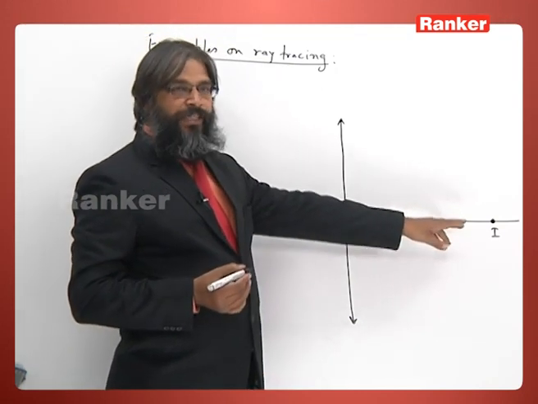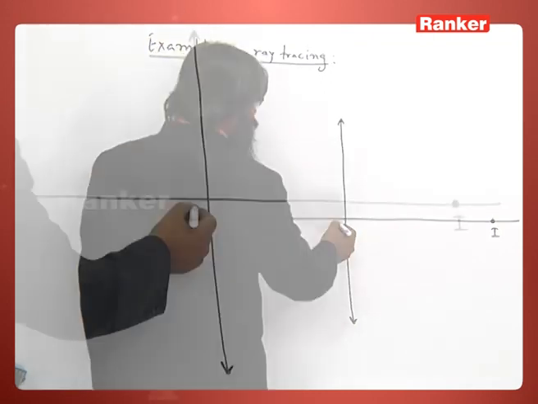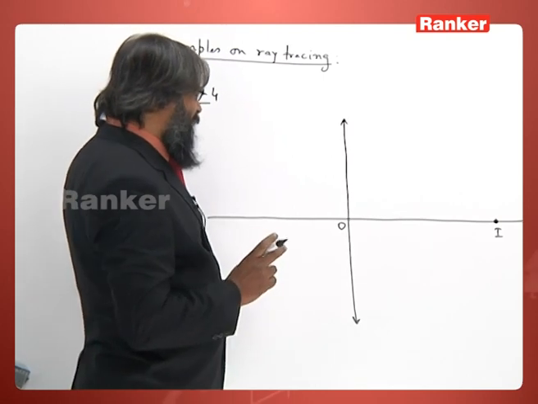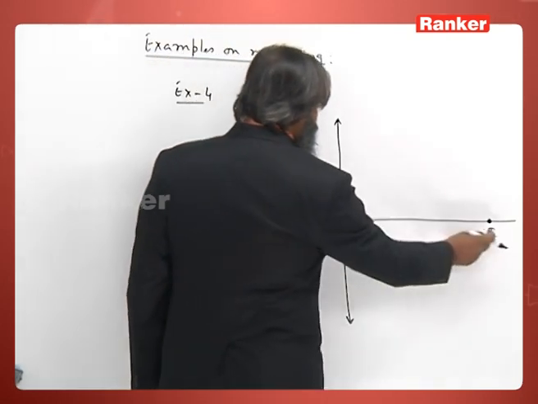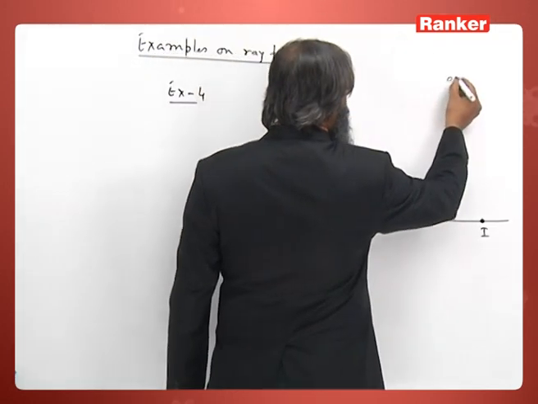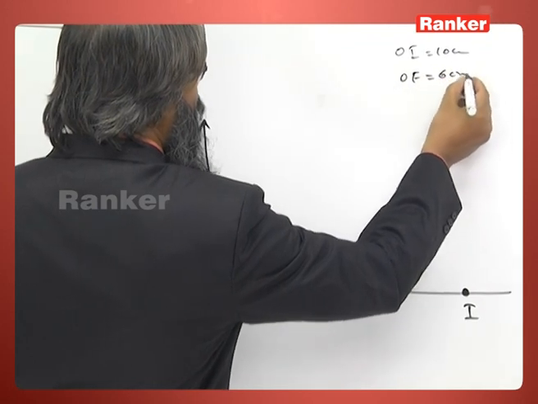The image is given, and suppose this point is called O, the optical center. It is also given, suppose geometrically, that OI is equal to 10 centimeter and OF is equal to 6 centimeter.